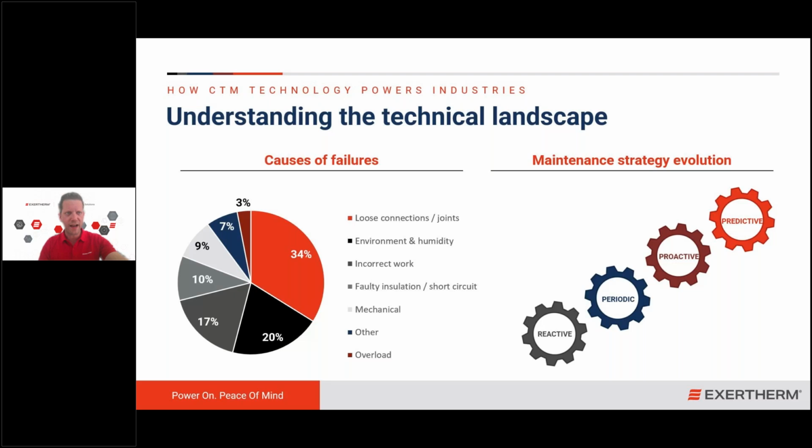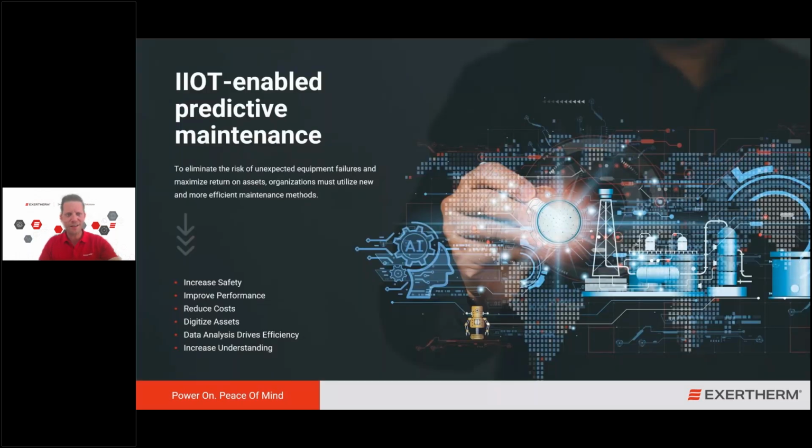And the key to that is industrial Internet of Things enabled continuous condition monitoring, unlocking predictive maintenance of the power systems we're operating, which ties back to the opening 3 trends I was mentioning: unlocking improved performance, the operational efficiency through digitalizing assets and increased understanding, and increasing safety for all of the people around.